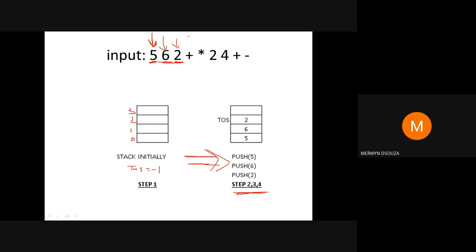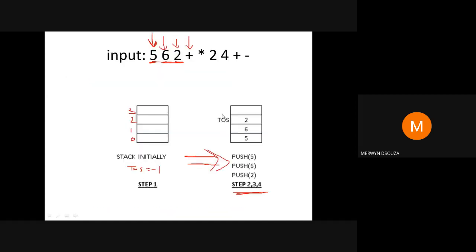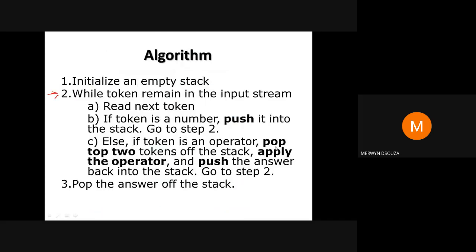When I read the next token, I check: if the token is a number, no, it's not a number. So I go to the C part. Is the token an operator? Yes, plus is the operator. What I do is pop the top 2 tokens.